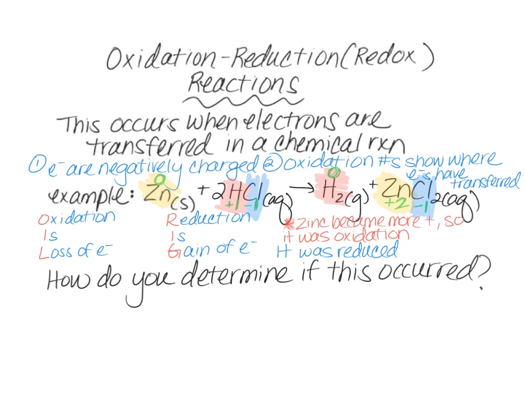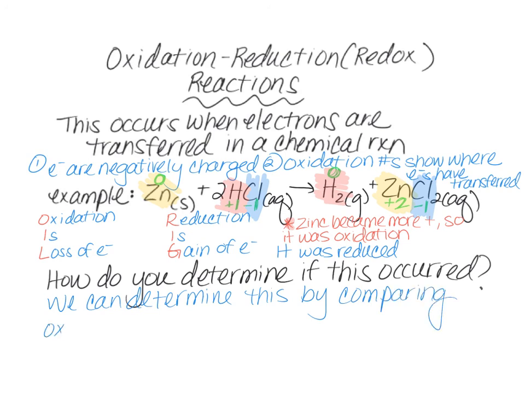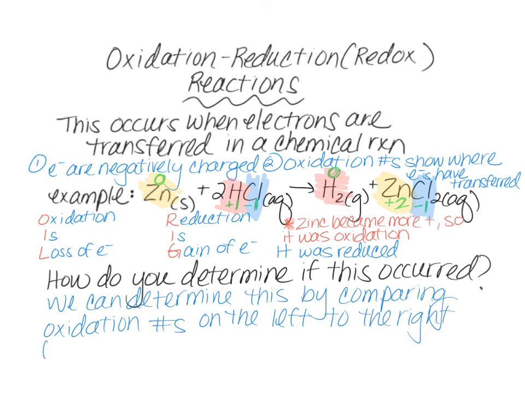You determine this by comparing oxidation numbers on the left to the right, or on the reactants to the products for each type of atom.